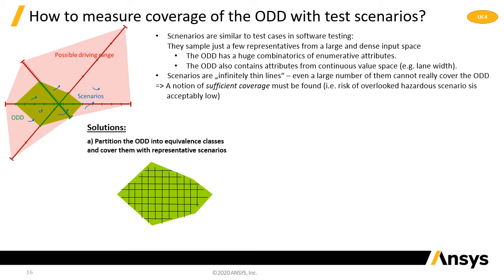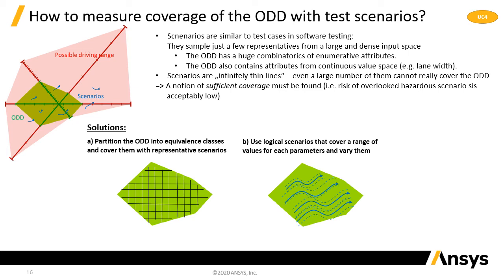This is arguing over the ODD, and the complementary strategy comes from the other side, comes from the scenarios. Instead of just enumerating concrete scenarios, I specify logical scenarios. These are scenarios that have still open parameters. You specify parameter ranges, but not the actual parameters, and you let the scenarios evolve differently.